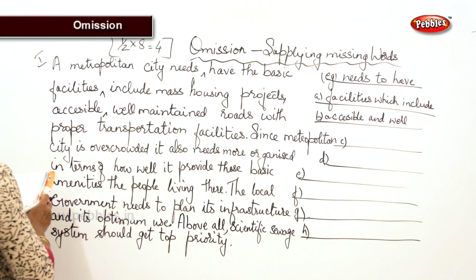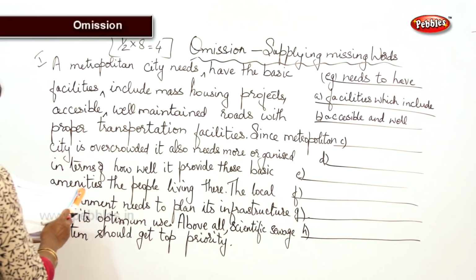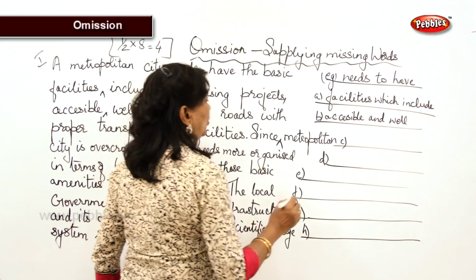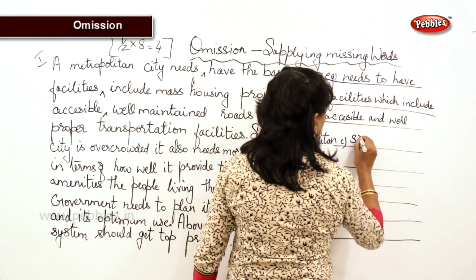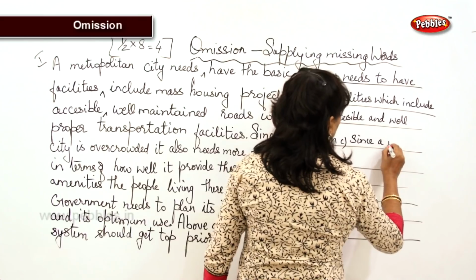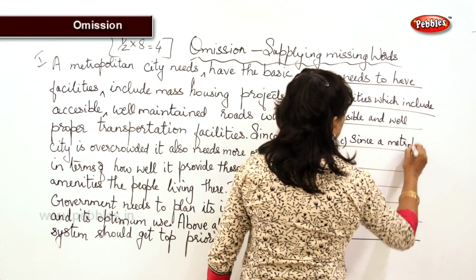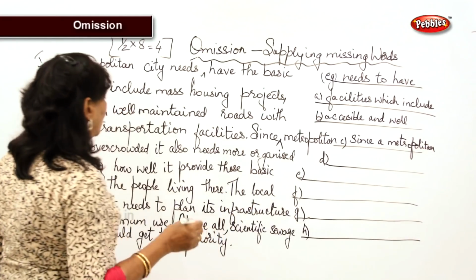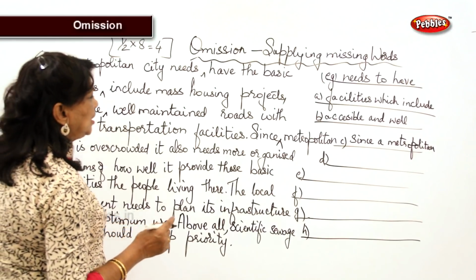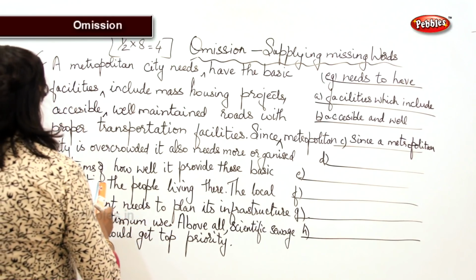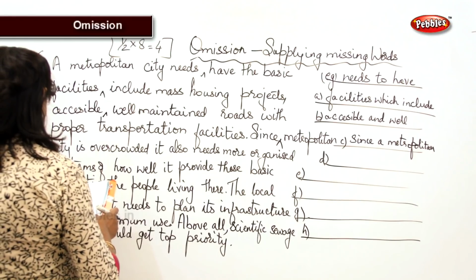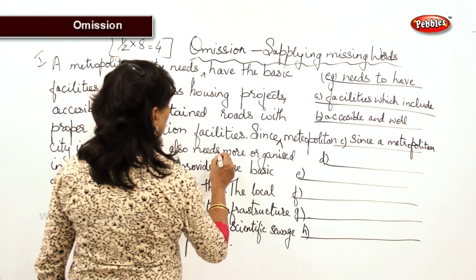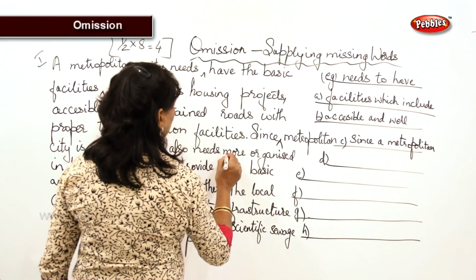Since a metropolitan city is overcrowded, it also needs more organized, needs to be more, it also needs to be.